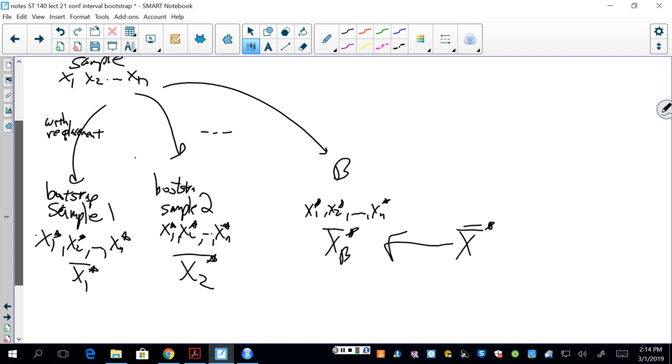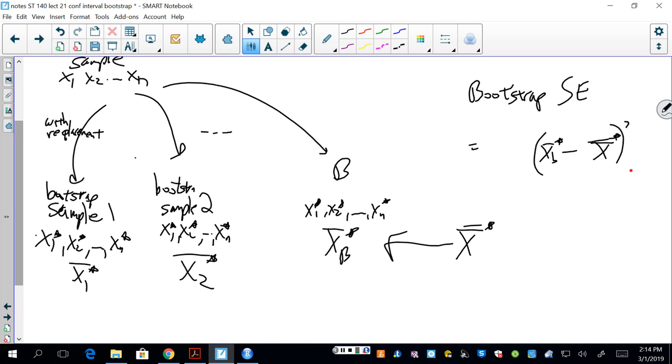The bootstrap estimate of standard error is we're going to take the standard deviation of these replicate values, these repeated x bars. We take each x bar star minus the overall average, square those things, add them all up, divide by the number of times that we do that, minus 1, and take the square root of that whole thing.